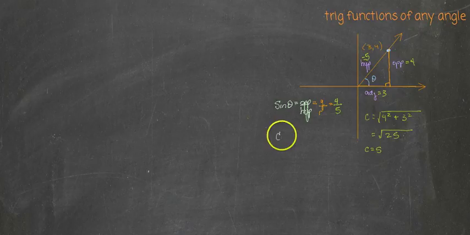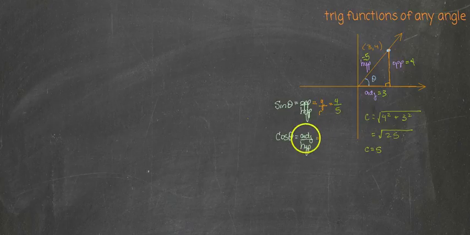The cosine of theta is adjacent over hypotenuse. The adjacent in this case is the x ordinate, over the hypotenuse, which is the radius, over r. And so that is 3/5.